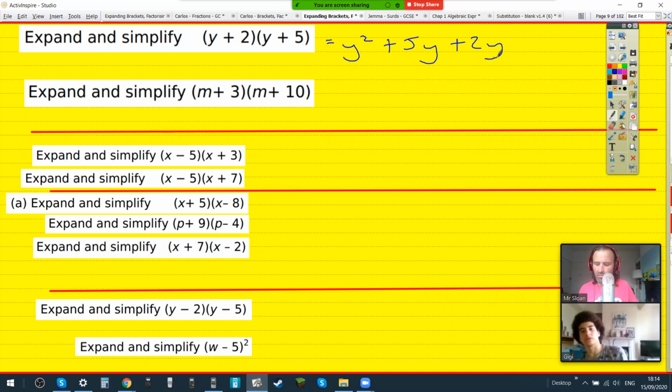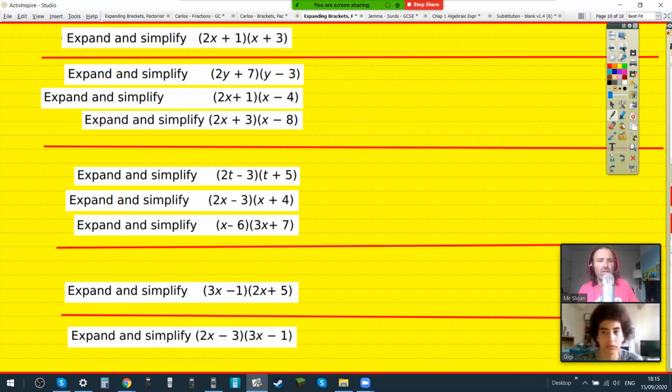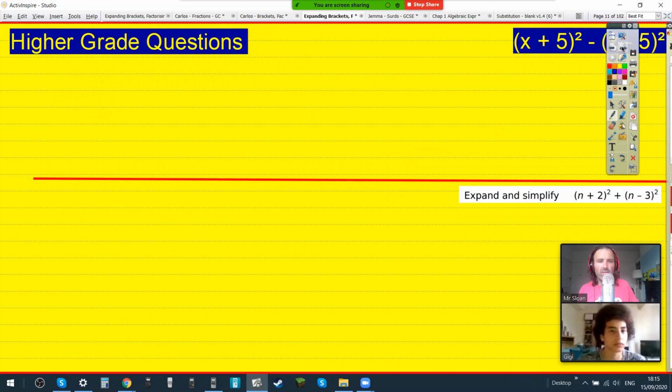And 5 times 2 is 10. So it would be y squared plus 7y plus 10. Great. So you do already know them. That's great. So just classic. You need help with the easier one and you're good at the trickier one.